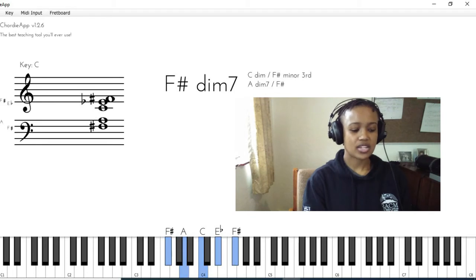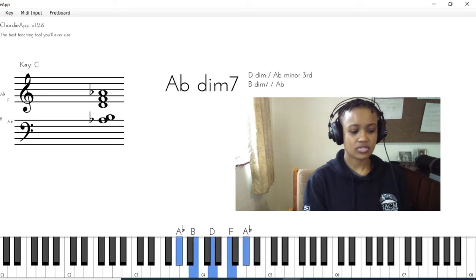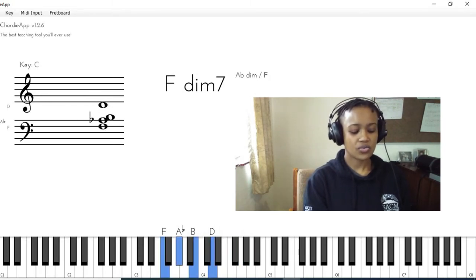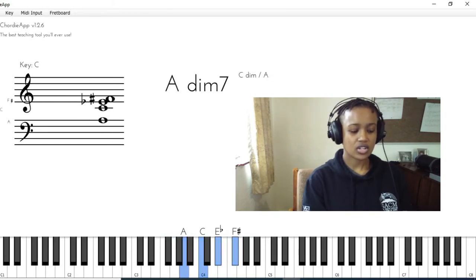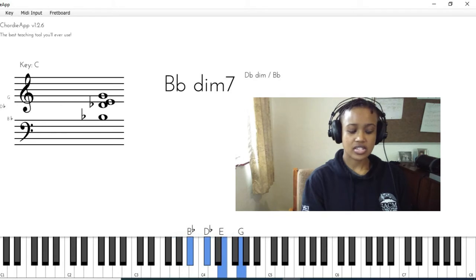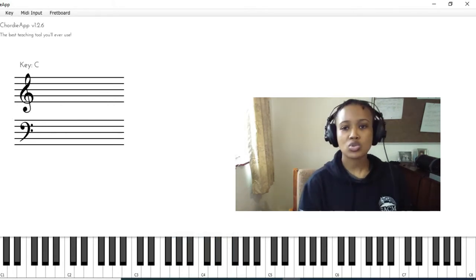And then we've got one that exists on G. And then after that, it just sort of repeats itself. You see? So these are the only ones that you need to worry about. And then it repeats itself in the same way. So essentially, there are only 3 diminished chords that you technically need to learn and kind of be aware of.